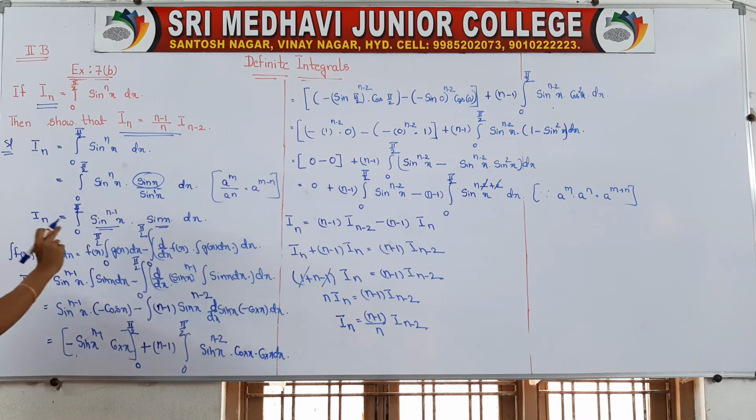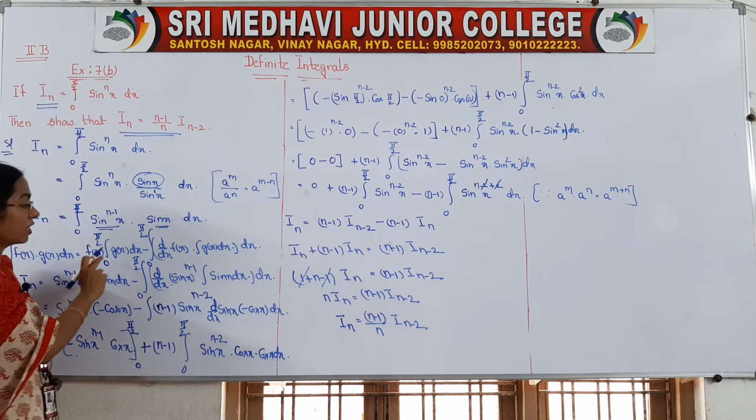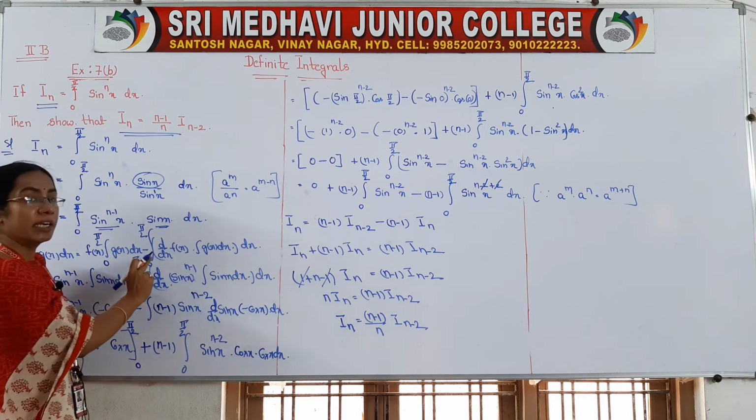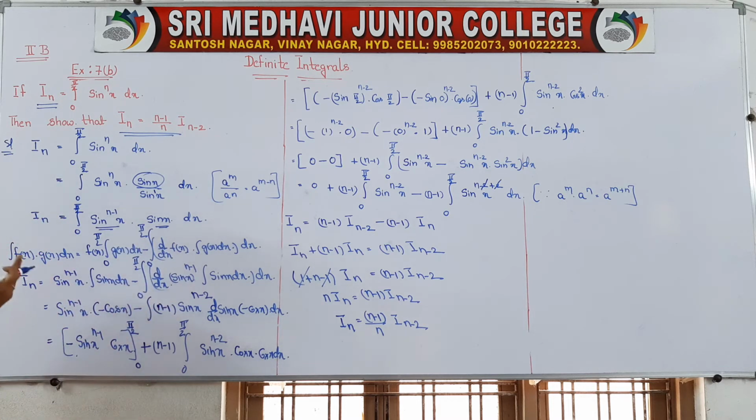Now it is of the form, which form? Integral 0 to pi by 2, isn't it? f of x into g of x form. So you take the formula: integral f of x into g of x dx is equal to f of x integral g of x dx minus integral of d by dx of f of x into integral g of x dx, whole dx.